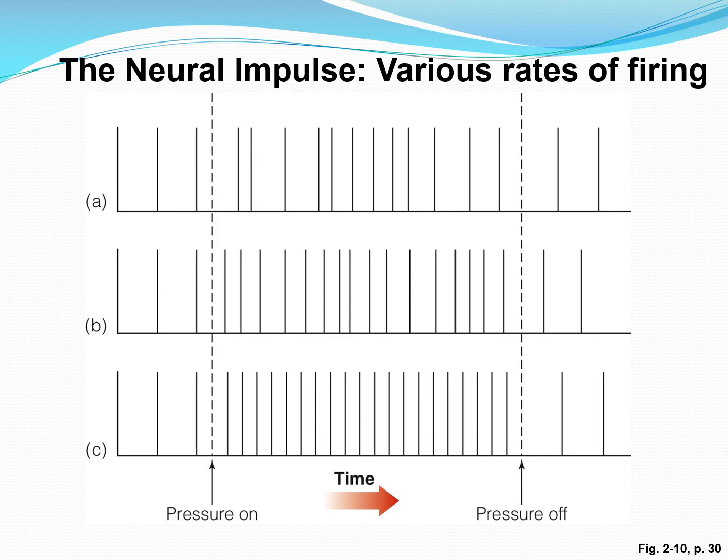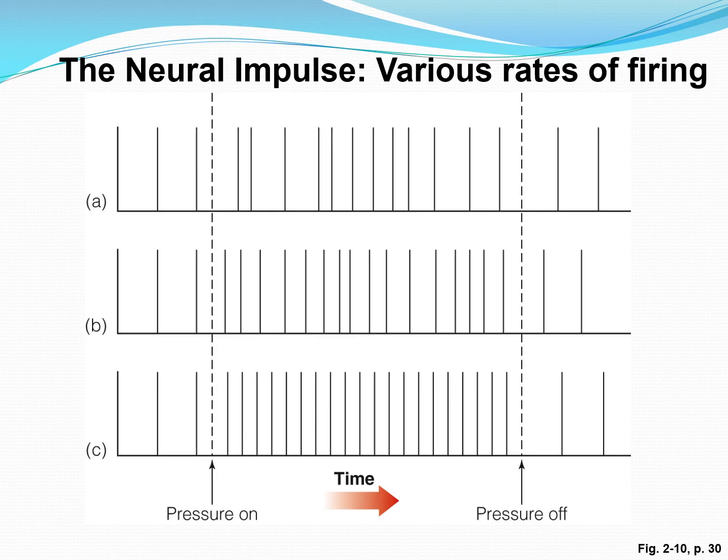Okay, now if you touch your wrist real lightly, like in A: fire, fire, fire, fire, fire, take it off, fire, fire. Okay, those are the action potentials firing, coming from that touch receptor on your wrist.